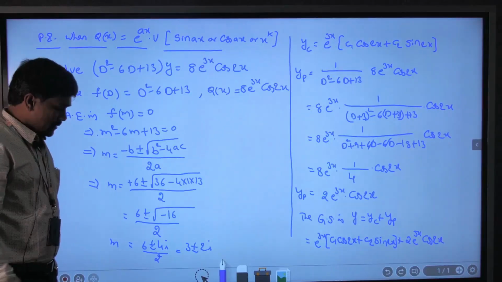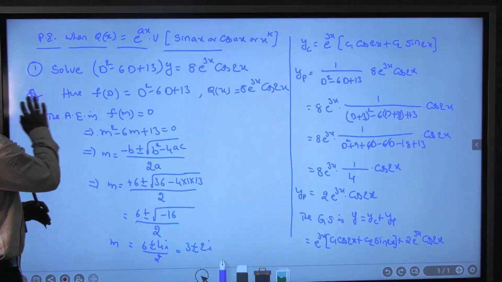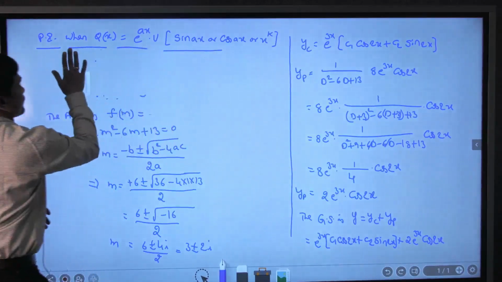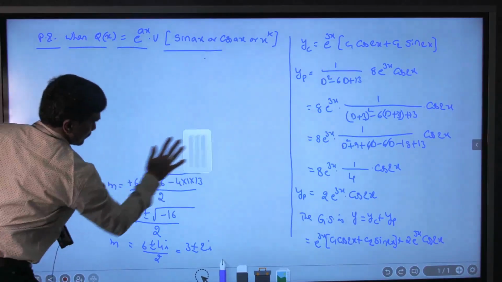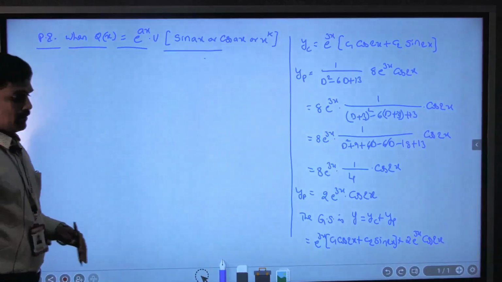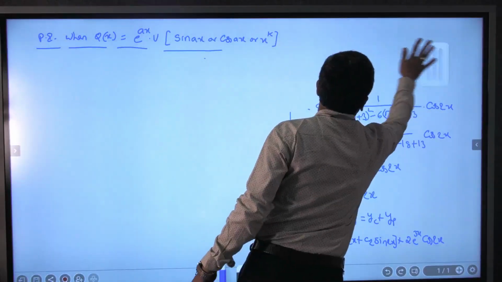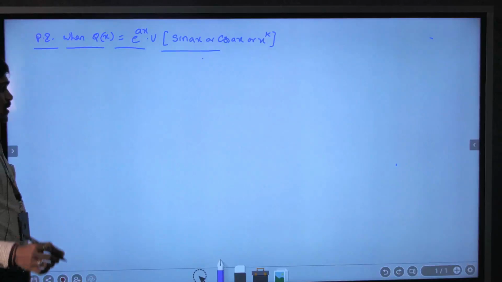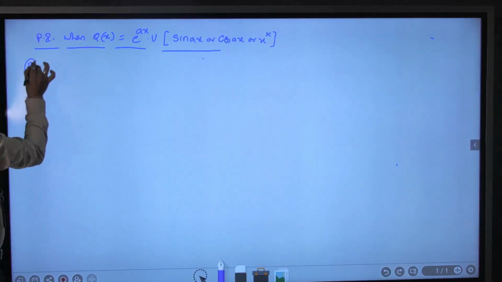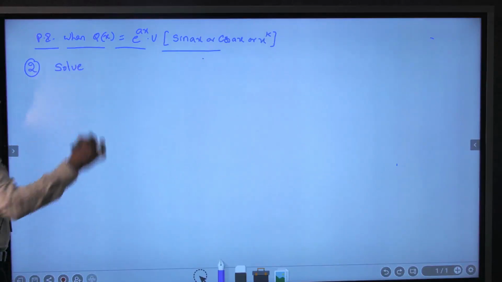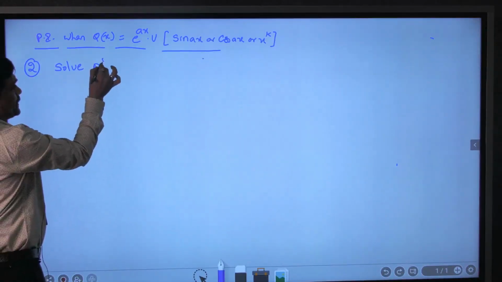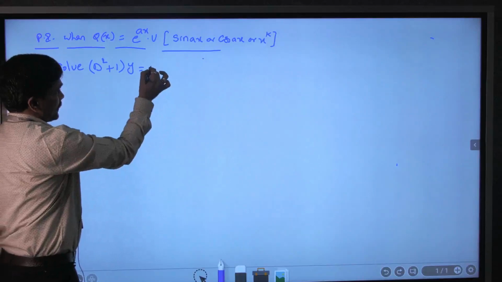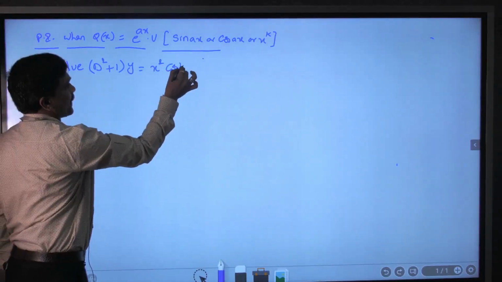Then for the next one, okay, the next problem is: solve d square plus 1 of y is equal to x square cos hx.